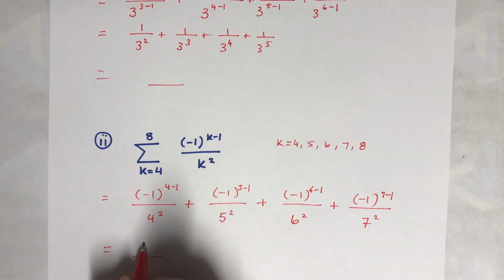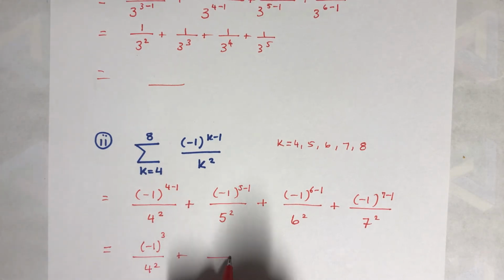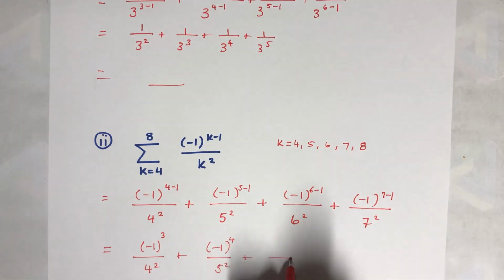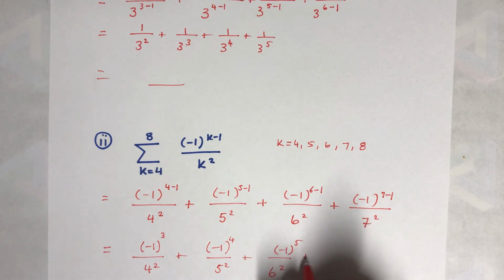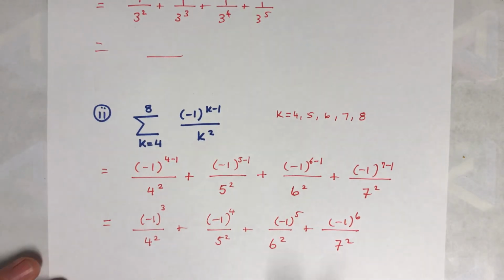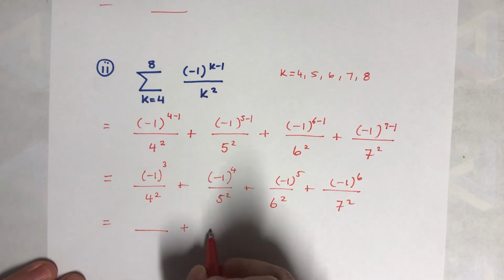So I'm just going to tie this one up a little. So what do I get? It's minus 1 to the power of 3, 4 squared, plus power of 4, 5 squared, power of 5, power of 6. Okay, so again, I'm not going to do the answer. You can just do it yourself.